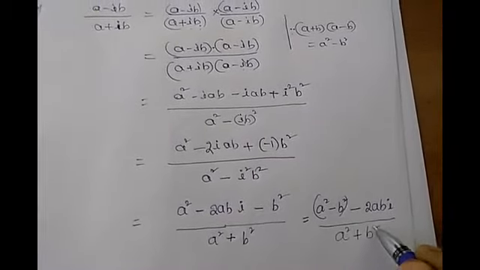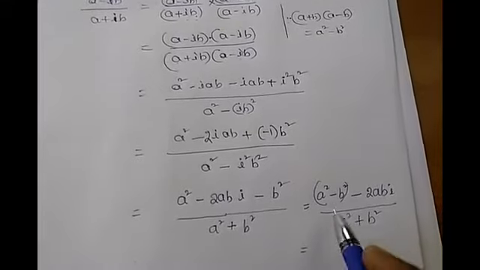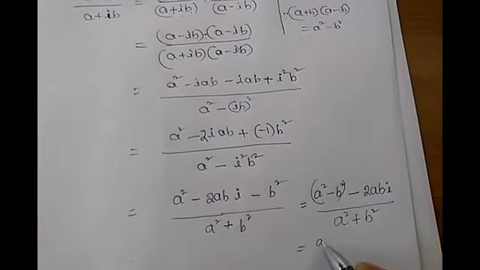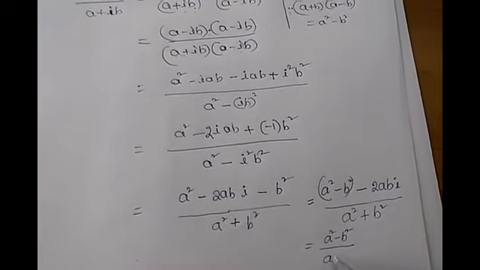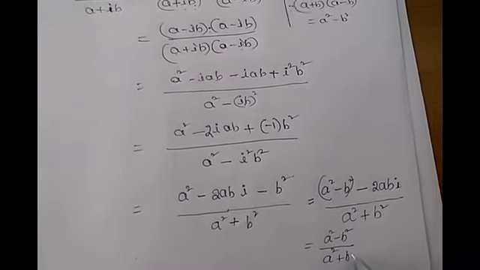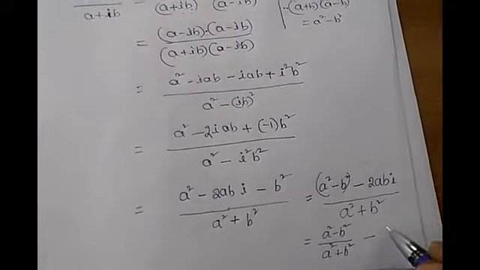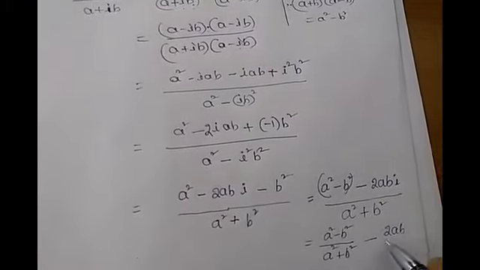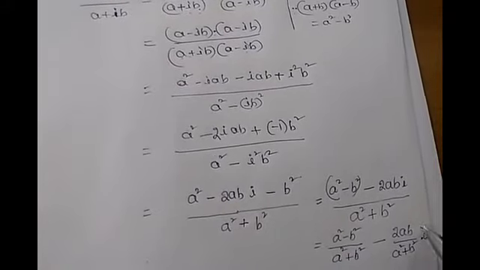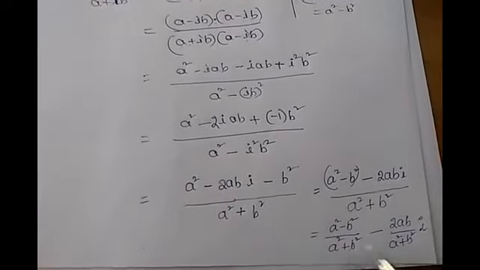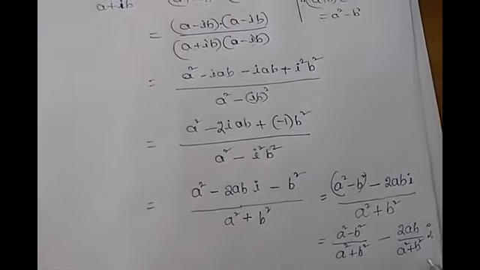Now separate the denominator for the above two terms, the real part and the imaginary part: (a square minus b square) by (a square plus b square) minus (2ab) by (a square plus b square) into i. This is in the form of a plus bi.